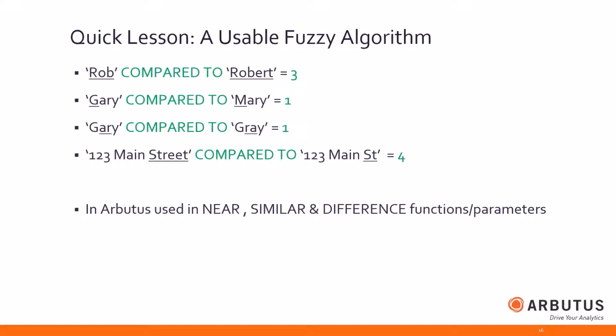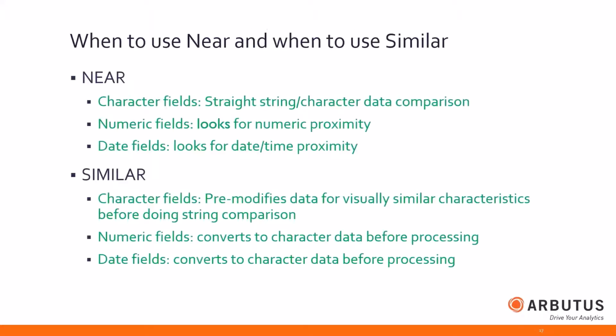You can use the near, similar, and difference functions or parameters to test for matching based on a 1-character difference. And you can use the near and similar functions to do the same thing. The near function will look for character fields where they're within, let's say, 1 or 2 characters of each other's.